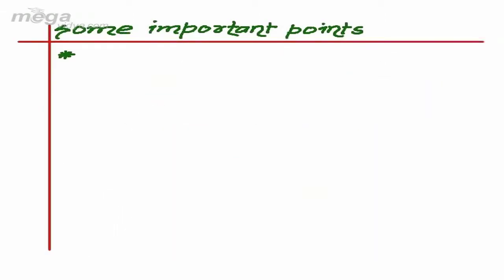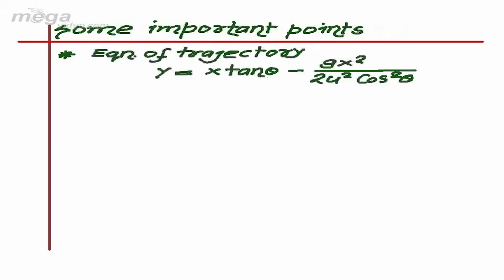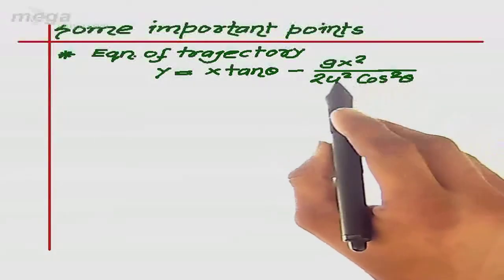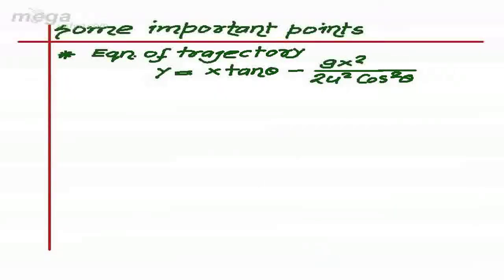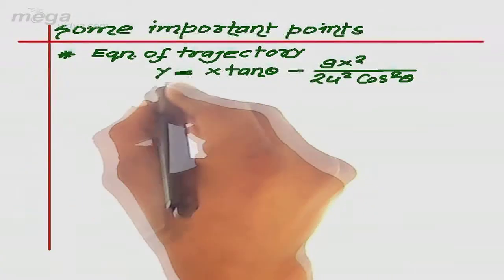Seeing the result we obtained using the second equation of kinematics for this projectile thrown from ground to ground, we can analyze some noteworthy points. The first important point is that y equal to x tan theta minus gx square divided by 2u square cos square theta is the equation of a parabola.